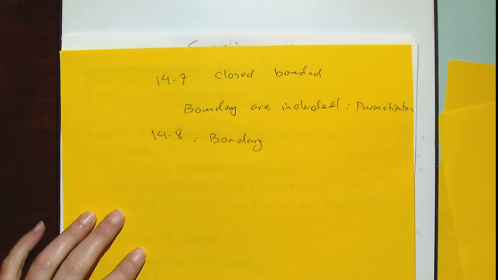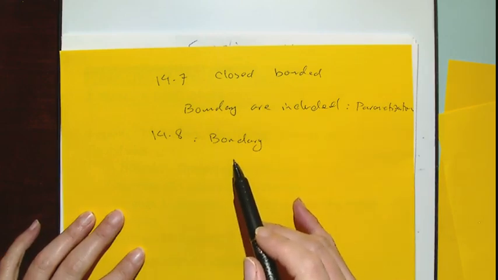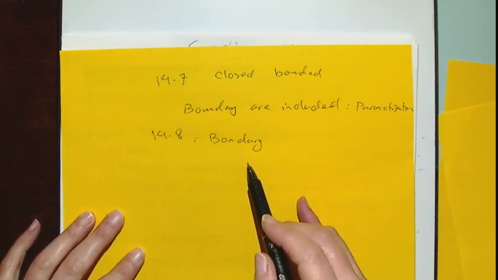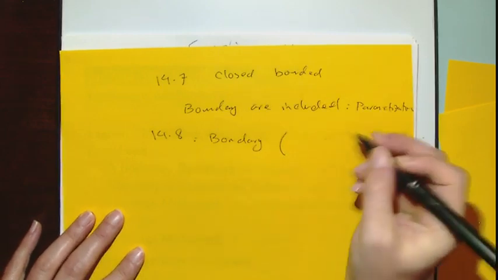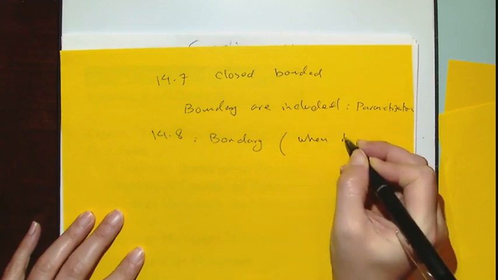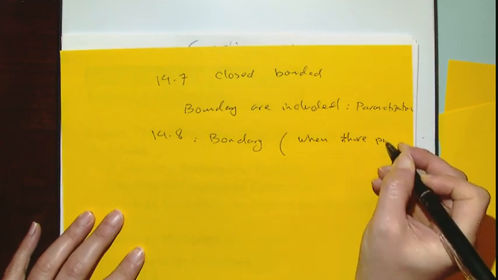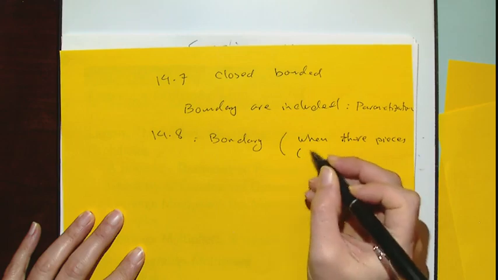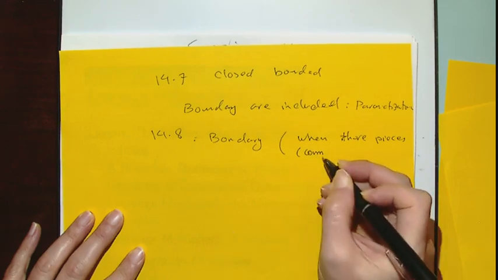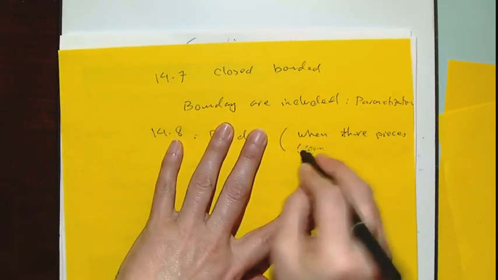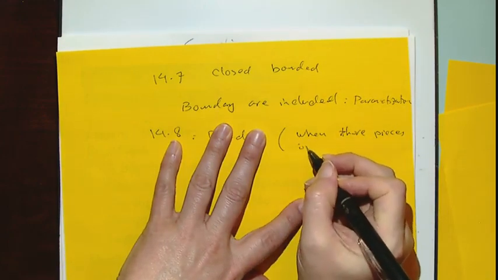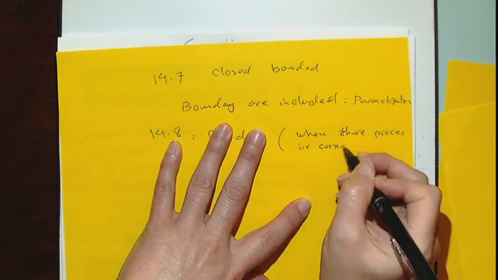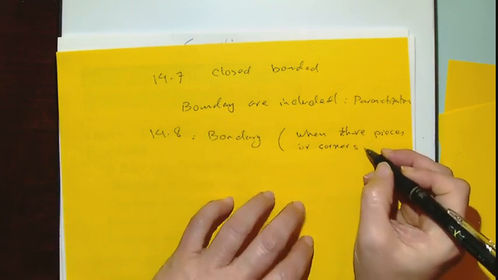Boundary, if there are multiple pieces, if it's piecewise defined, hint, hint, there are corners. When there are pieces or corners, this is difficult.